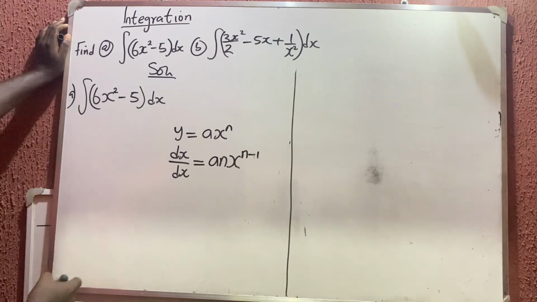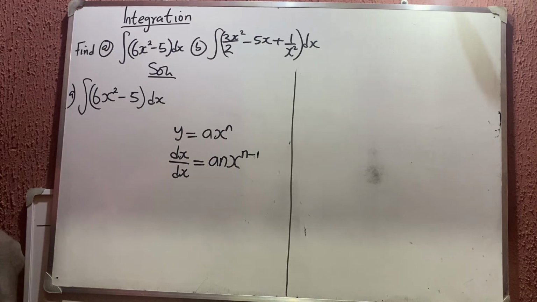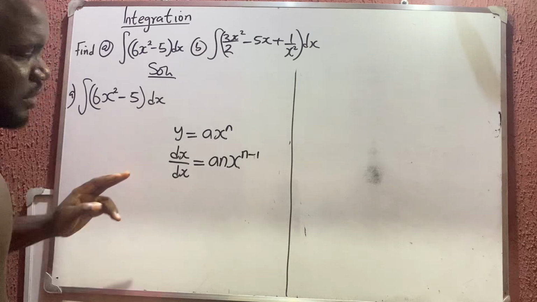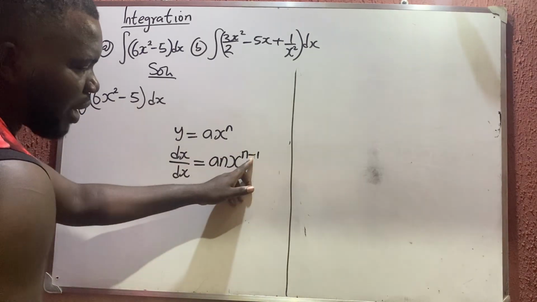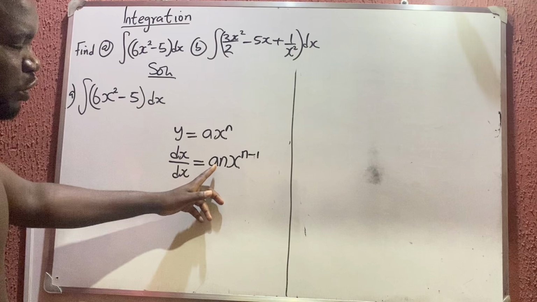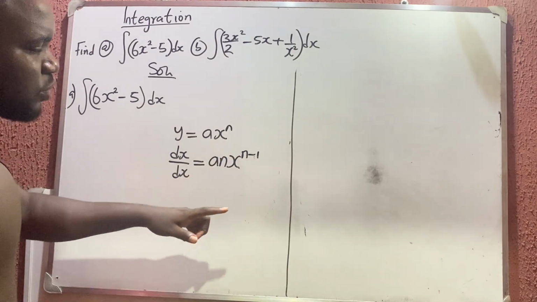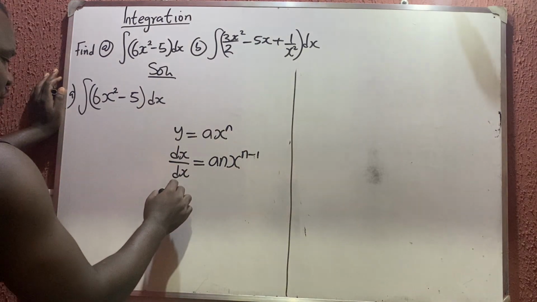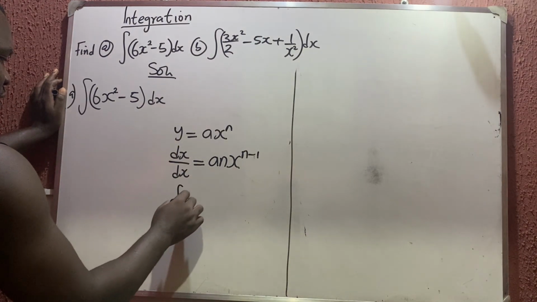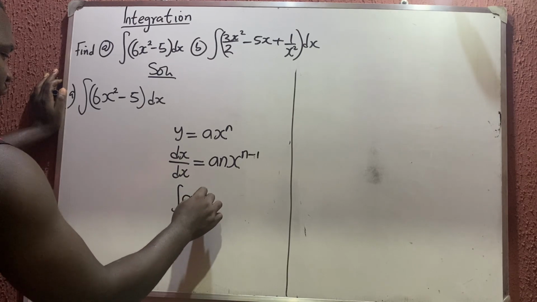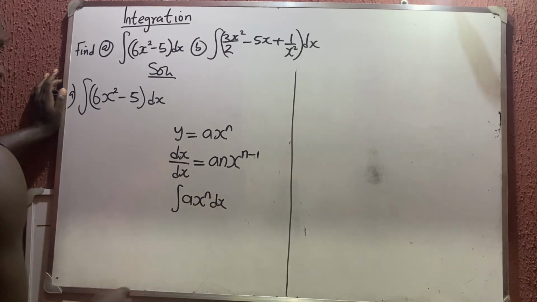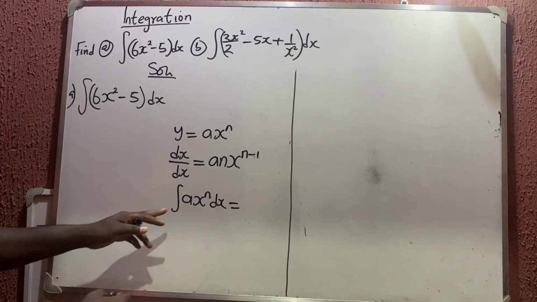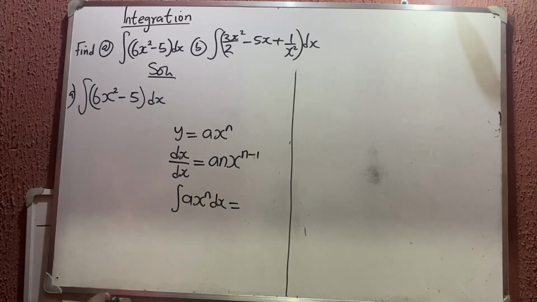So that is differentiation. If you look at what we did, the last thing we did was minus 1 from the power. So in integration, we add 1 to the power. The first thing we did was multiply, so in integration, we divide by that new power. If you have the integral of x raised to power n dx, integration simply means add 1 to the power, divide by that new power.